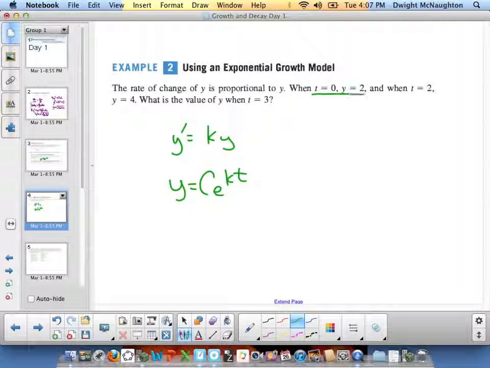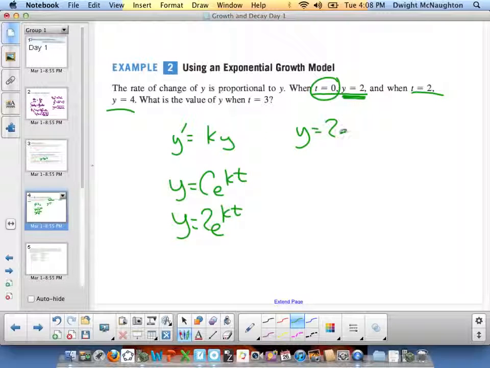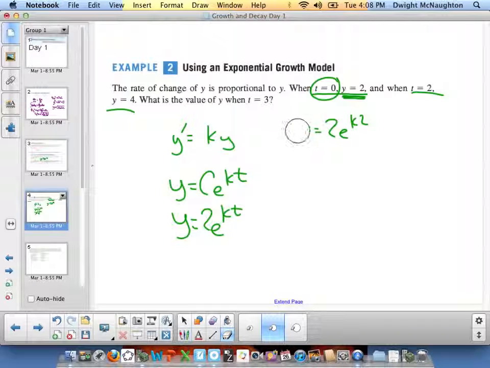Well, we're using 0 and 2, and then 2 and 4 to find the values for c and k. Since t equals 0 is what you start at, that means that 2 is c. So y equals 2e to the kt. And then for t equals 2, we can plug that in. y equals 2e to the 2 times k, and y equals 4.